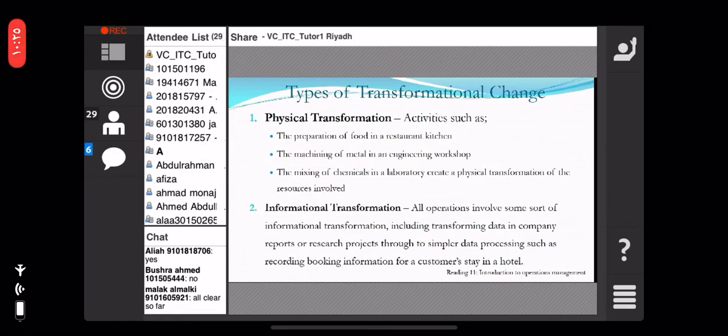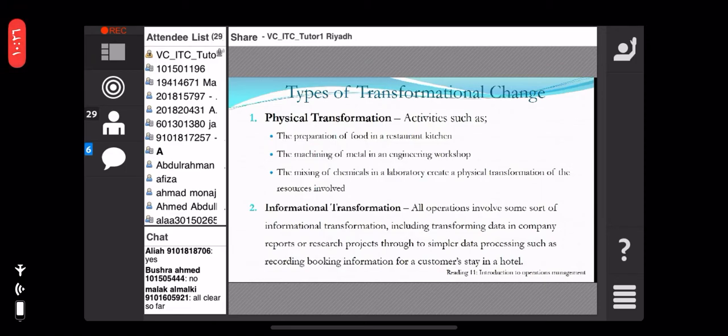Information transformation. The information is transferred from one form to another form. So basically all operations involve some sort of information transformation. You ask me something, I reply back.